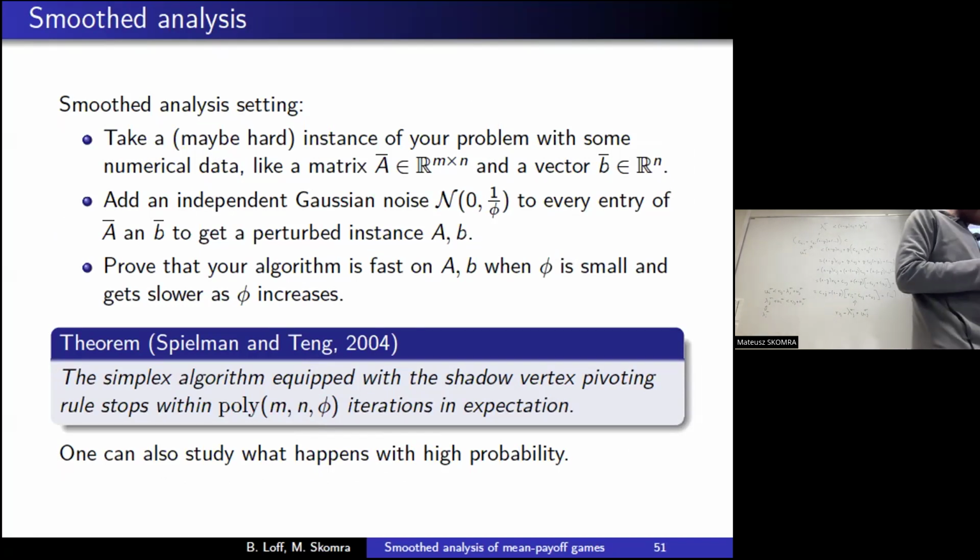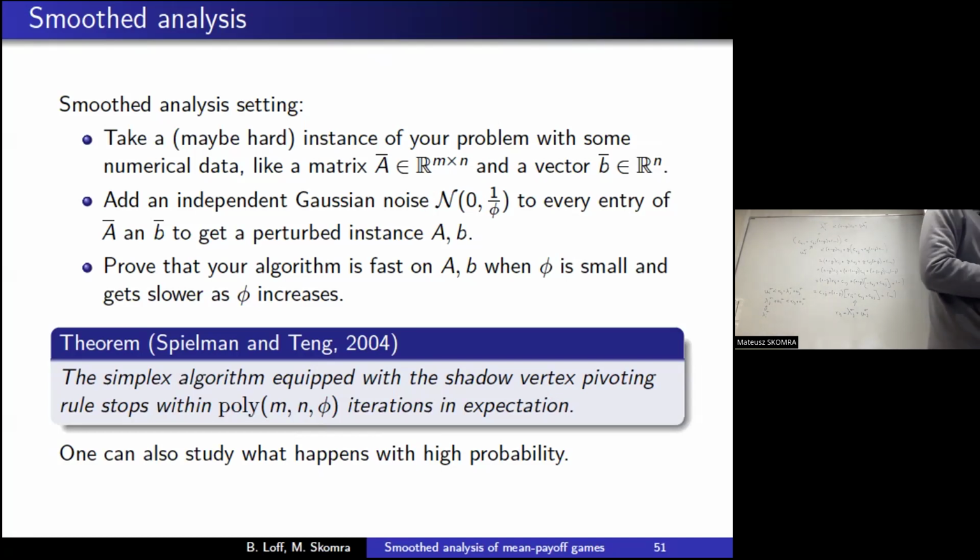What do you do then? You take this numerical data and you add some Gaussian noise to it. So you perturb the numerical data of your problem. You add this Gaussian noise with variance 1/φ. So the higher φ is, the less noise you add. The lower φ is, the more noise you add.